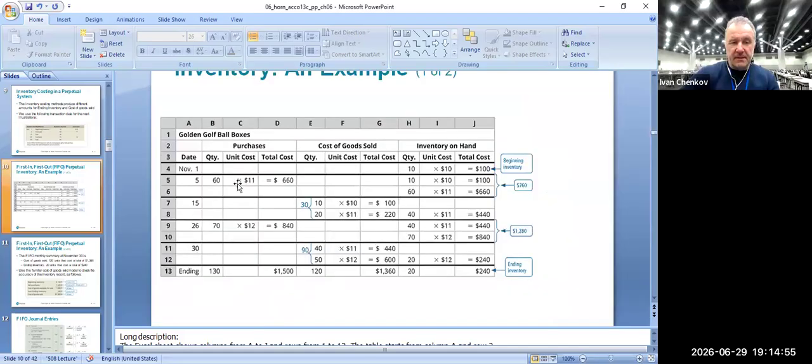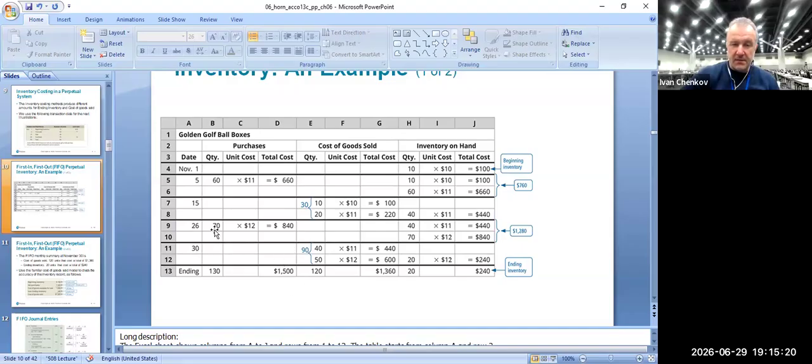In our first sale on November 15, we're going to sell the first 10 that we have in the beginning inventory. And the next 20 are going to come from the first purchase on November 5th at $11 per unit. So our total cost of goods sold will be $440.